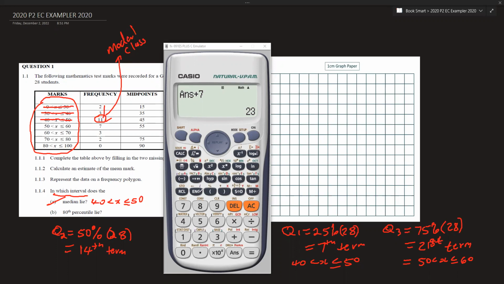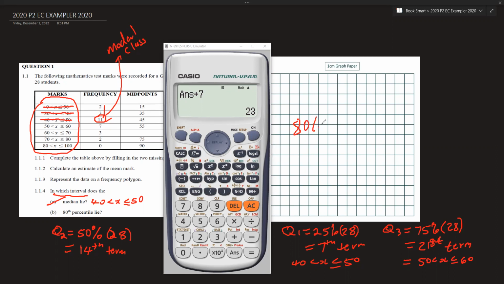I just showed you how to do Q1 and Q3 as well using grouped data, right? And then the last one, they want the 80th percentile. It's also easy, we just do the same thing that we've been doing, but we want to do 80% of the data now, because they say the 80th percentile.